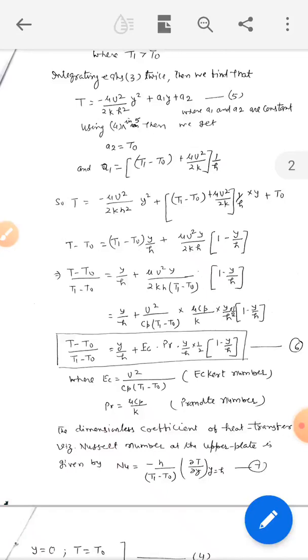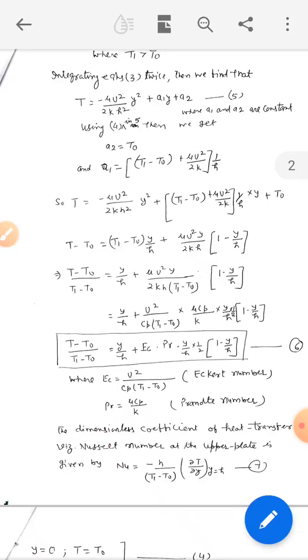So (T minus T0)/(T1 minus T0) is equal to y/h plus μ U² y/(2κh (T1 minus T0)) times (1 minus y/h). This is equal to y/h plus U²/(Cp (T1 minus T0)) times μ Cp/κ times (y/h) times (1/2)(1 minus y/h), where Cp is the specific heat at constant pressure.